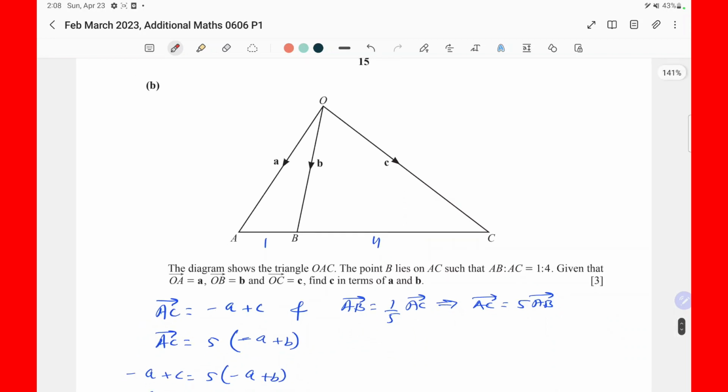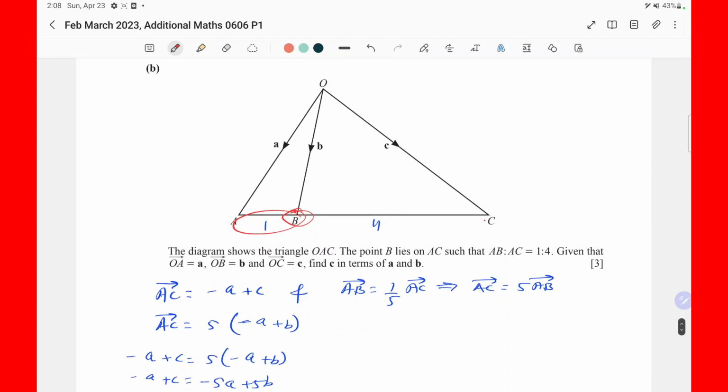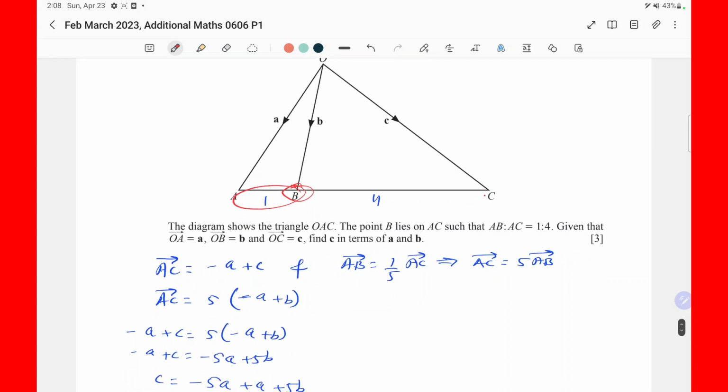That's part B. It says the diagram shows the triangle OAC. The point B lies on AC such that the ratio AB to AC is 1:4.